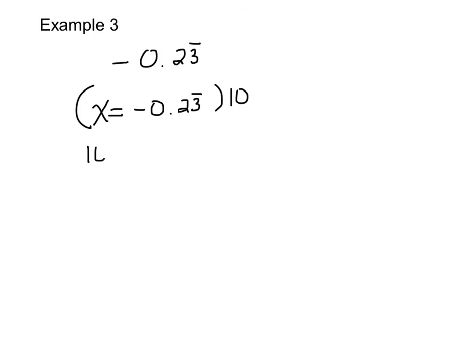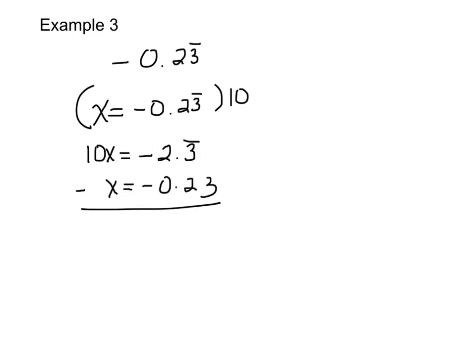So that gives me 10x equals negative 2.3 repeating. Now I subtract the original equation, and notice I lined up the decimal.